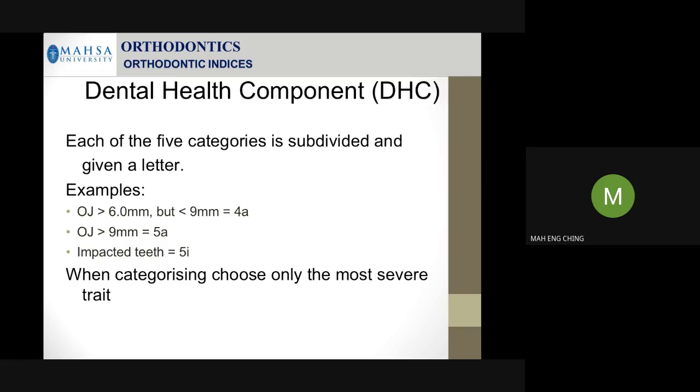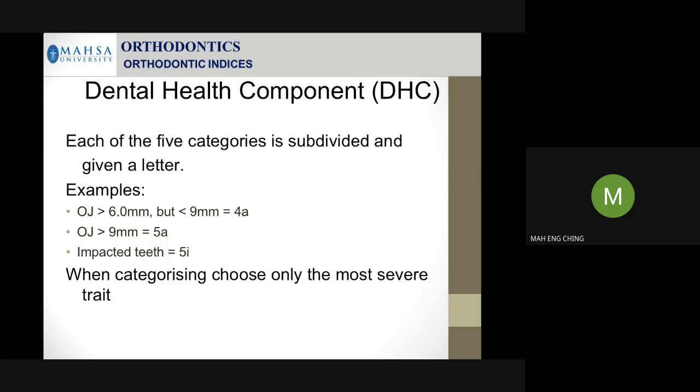And if you tell me your patient's IOTN is 5A, you want to refer to me, then straight away I know this patient has an overjet problem of more than 9 millimeters. That's how we summarize the case and give you a rough idea what the problem is for this patient. So you give me 5I, I know that's impacted teeth. So even though the IOTN is not perfect, it gives you the rough idea of the patient's problem.